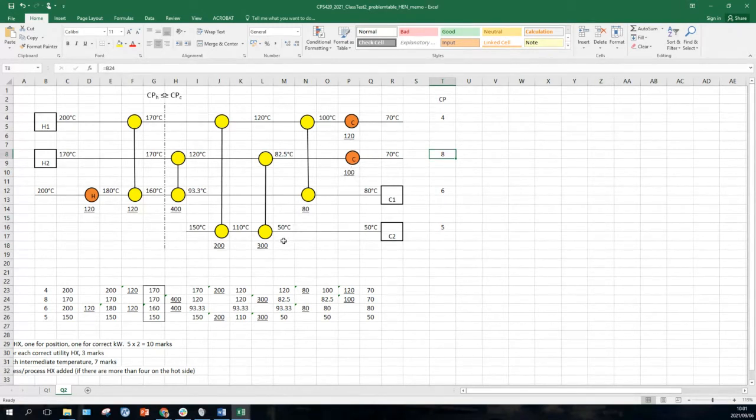It is 100 plus 300 is 400, and 400 is 800. Let's just check that. 170, 70, 100 degrees, 800 kilowatts. To cool down this hot stream, we need 800 kilowatts. So we choose the smallest of those, and it would be 480. All right.